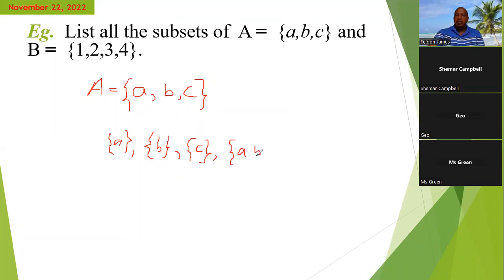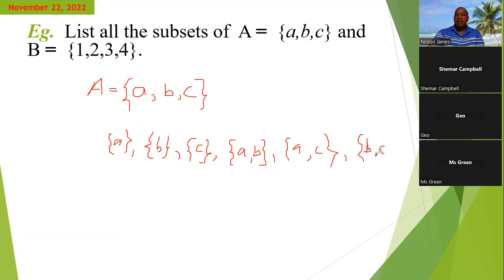So we put those in one group by themselves. And then we can form what? A and C as another subset. And then we can also group what? B and C as another subset.